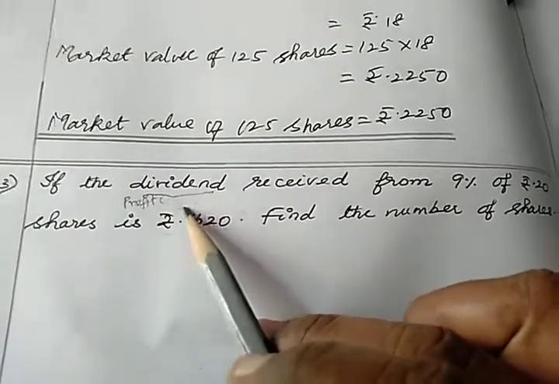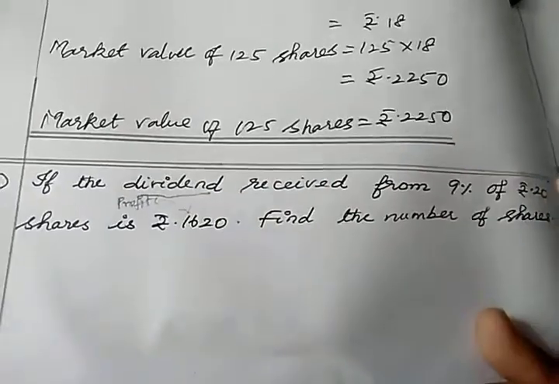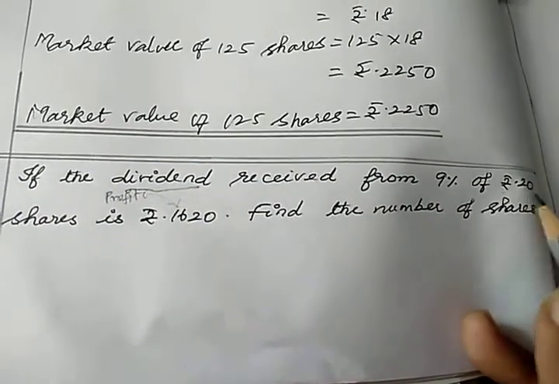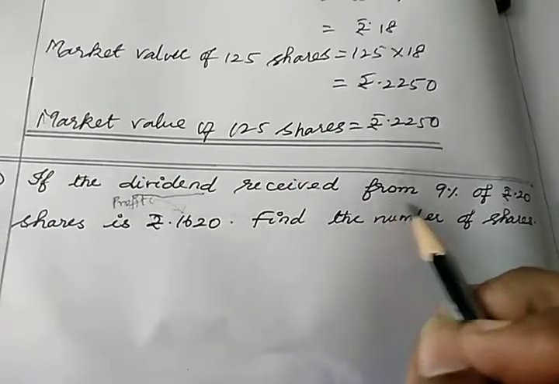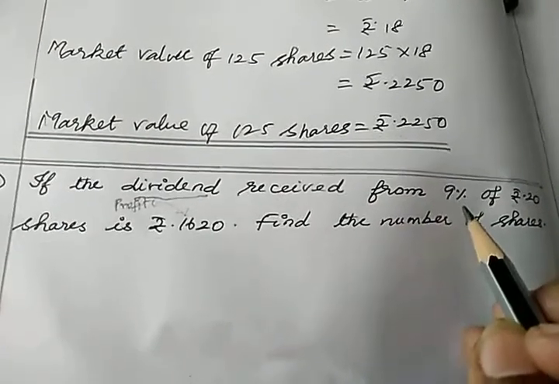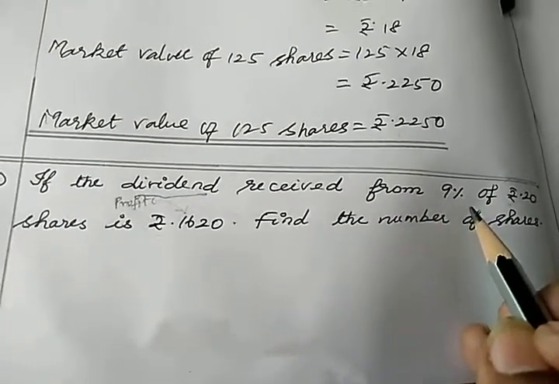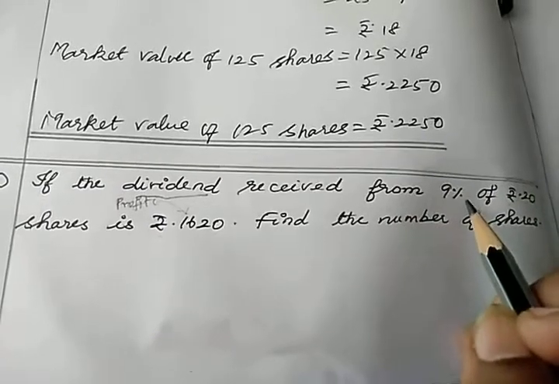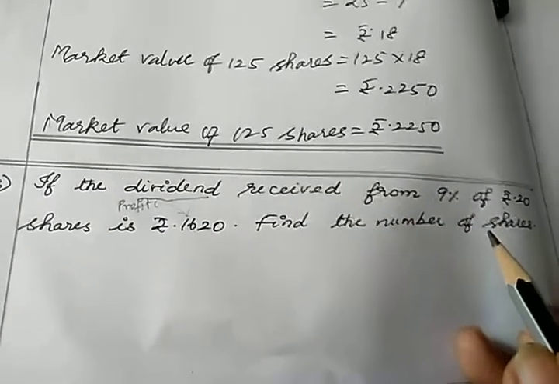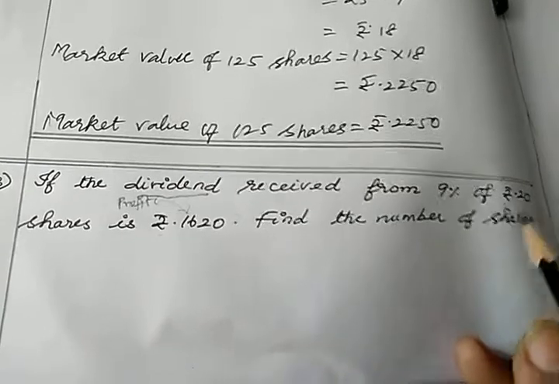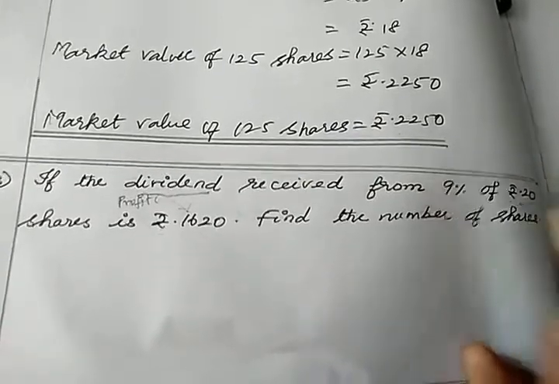Profit is 1620. Clear? So the cost price of each share is rupees 20 and it is received from 9%. The rate percentage is 9%. We have to find out the number of shares. The face value of each share is rupees 20.